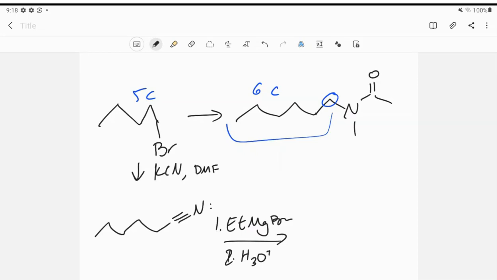So if we tried to do that, remember what happens is we end up with all our carbons there. That's now going to be a ketone, and we're going to have our ethyl group there.